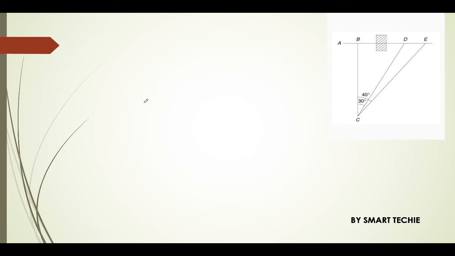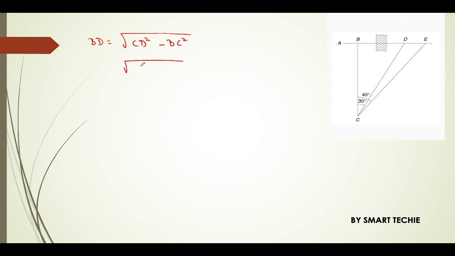Next, what do we need to find? We need to find the distance BD. With Pythagoras theorem, BD is the square root of CD squared minus BC squared.